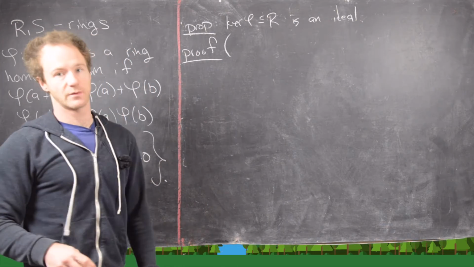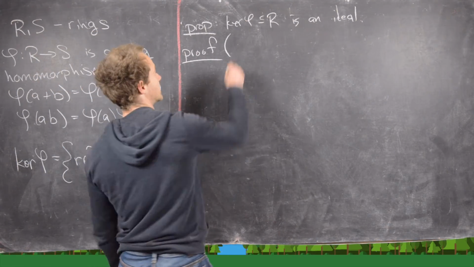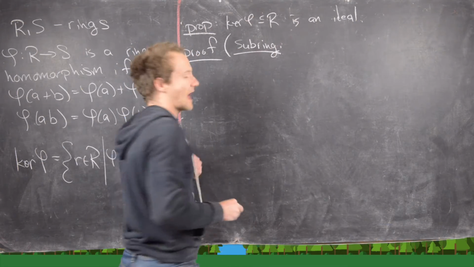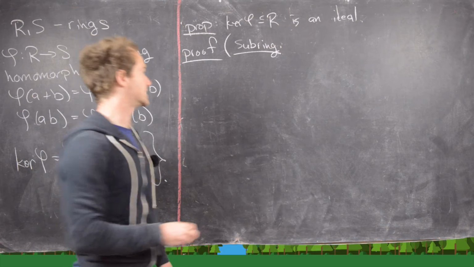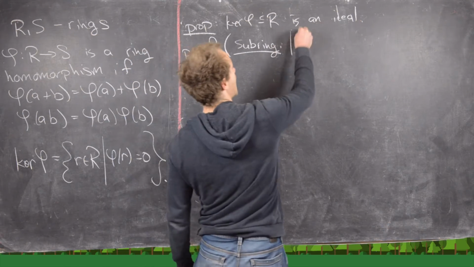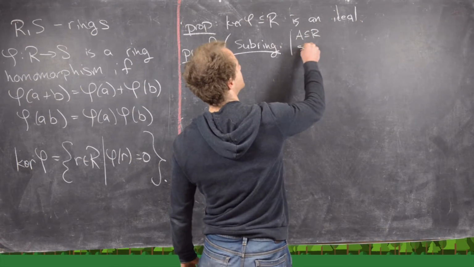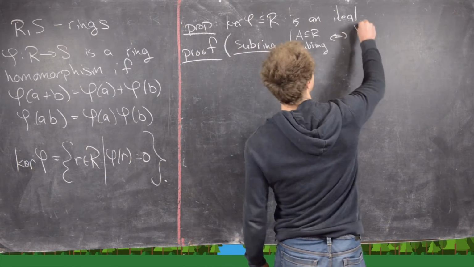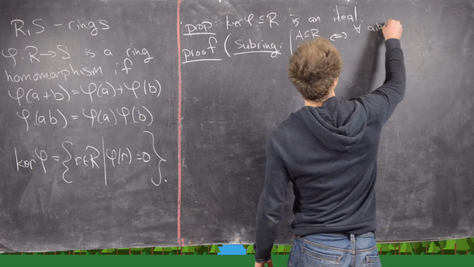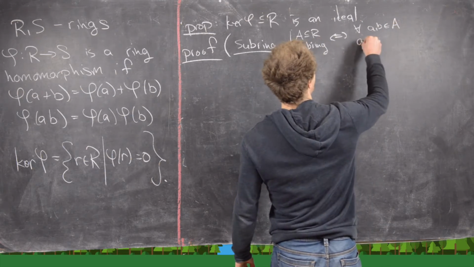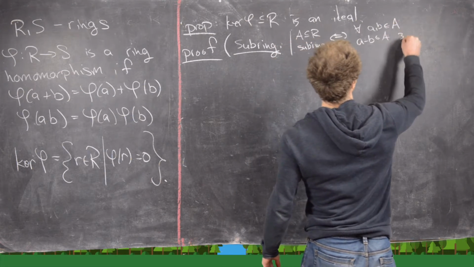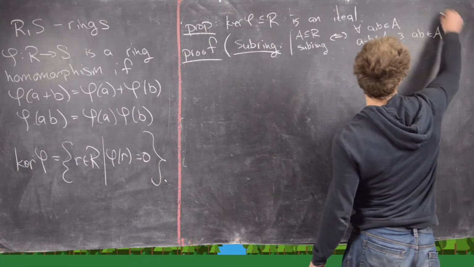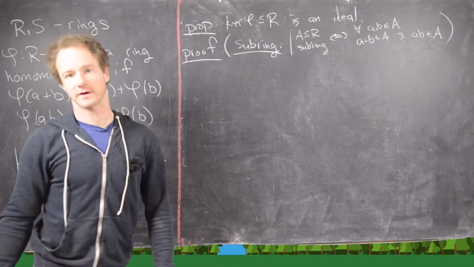So the first thing that we need to prove is that it's a subring. And for that, we'll use something called the subring test. It says that A is a subring of R if and only if for all a and b in A, a minus b is in A, and a times b is in A. So that's what it takes to be a subring.